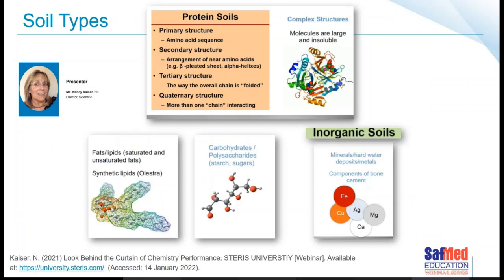So Nancy, in her presentation, went on to describe a great deal about the molecular structure of the different soil types. I must admit, I struggled a little to follow all of this, because what she was trying to describe is which chemistries break down which molecular structures in proteins, fats, carbohydrates, and inorganic soils.